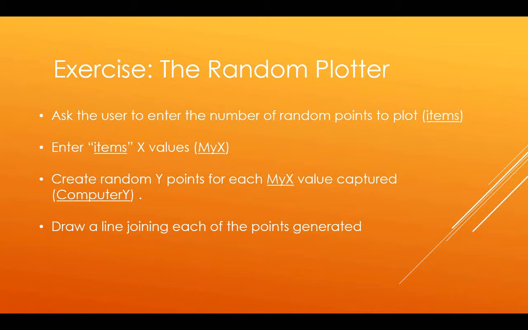You're going to use exactly the same as you did here, but for the computer y, instead of answer, you're going to put your random block in. Okay, y can go minus 180 to plus 180.